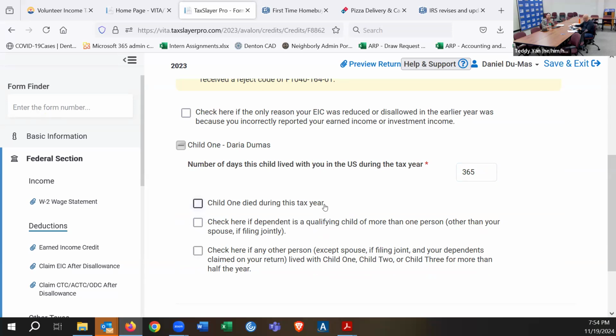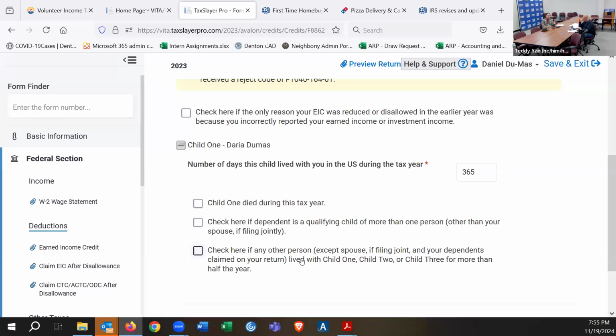Which, no, Daria's still very much alive and having fun doing her homework off in the waiting area. Daria is not the qualifying child of more than one person. She can only qualify to be Danny's qualifying person for earned income credit. And no one else lived with them for more than half the year.